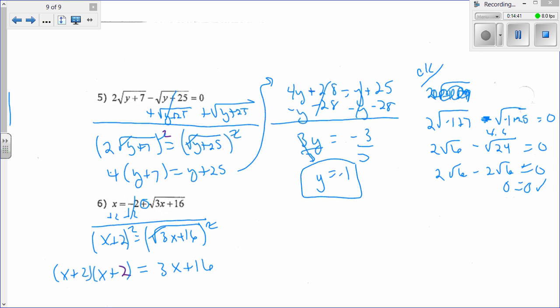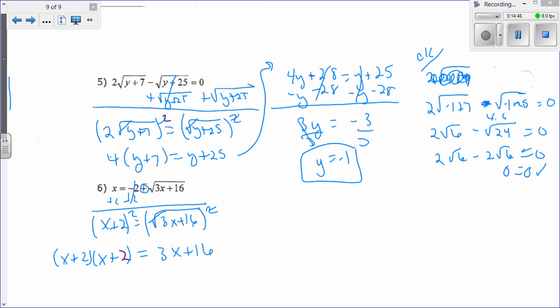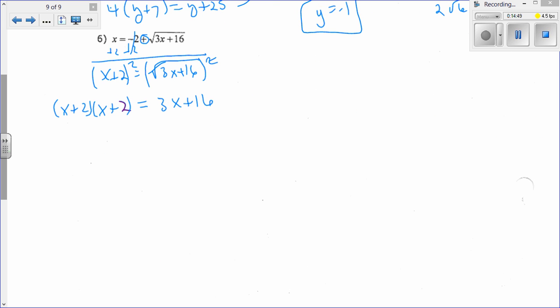Let me backtrack here. Nothing cancels out there because it's not a square root. So I square it, so that means I have to write it twice. And when I write it twice, I'm going to have the FOIL on the left. So I get x squared plus 2x plus another 2x plus 4 equals 3x plus 16.